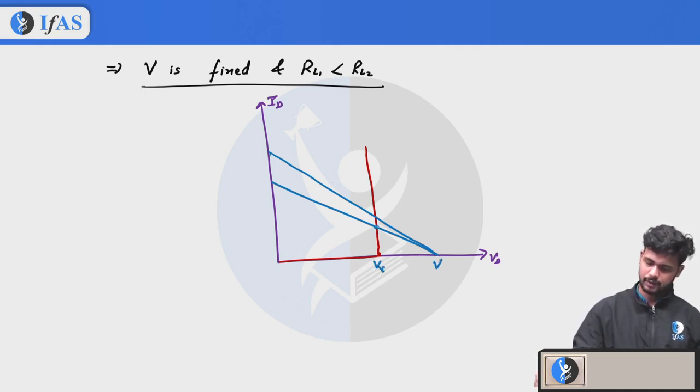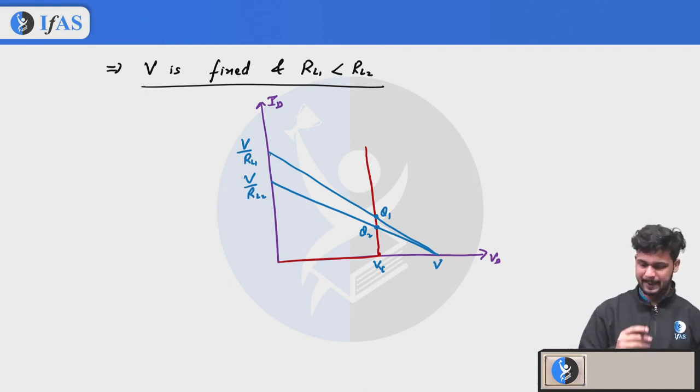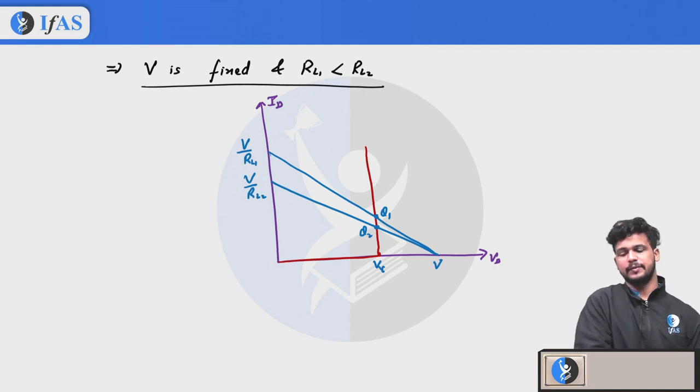I will say this is Q2 and this is Q1, and this is V by RL1, V by RL1, V by RL2. So this is the load line analysis for V is fixed.